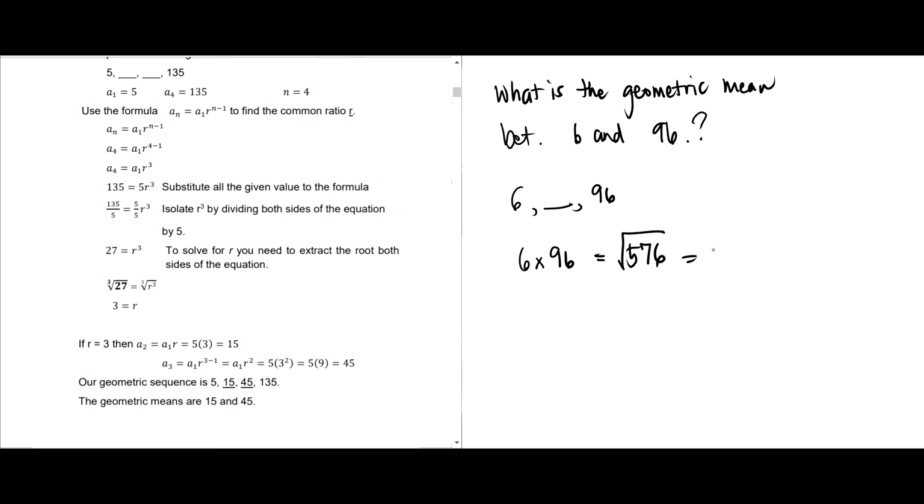So what is the square root of 576? The answer is 24. So that's it. Mean, so average. Multiply 6 and 96 and then get the square root.